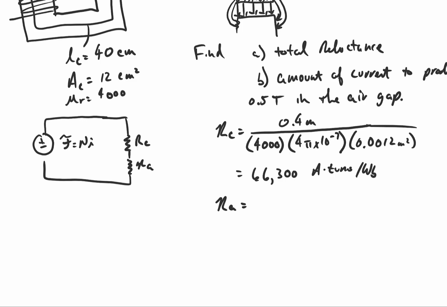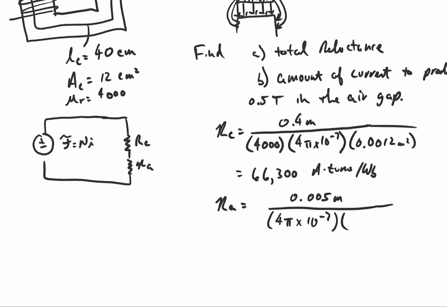And now for the air gap, well, the length of the air gap we know is 0.005 meters. And now the reluctance of the air gap is simply the reluctance of free space. So that's 4 pi times 10 to the minus 7. And we want to multiply this by the cross-sectional area.